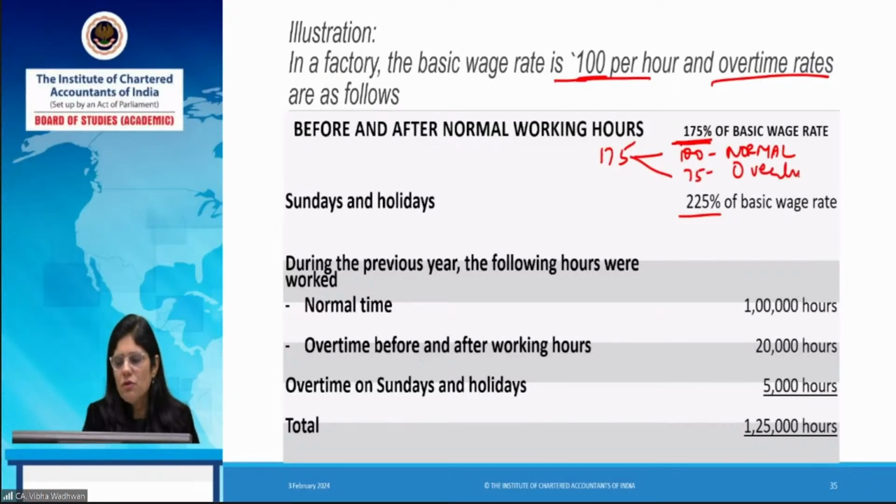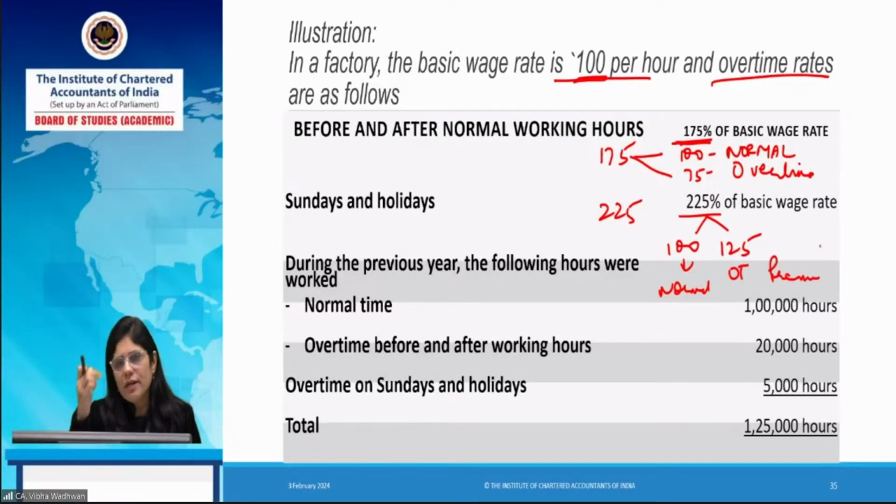I told you overtime has always two elements. One is the normal, another is the overtime premium. Clear? So out of 225 also the breakup is 100 is normal. 225%, that means total 225 rupees. If the normal is 100 rupees and 225%, that means it's 225 rupees. So 100 is normal and 125 is overtime premium.